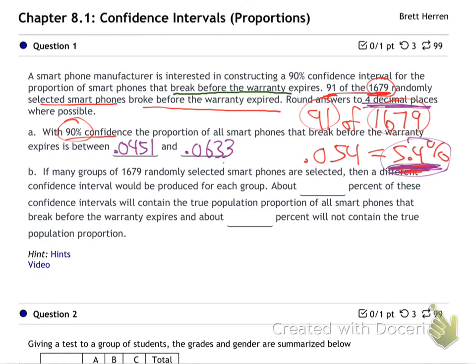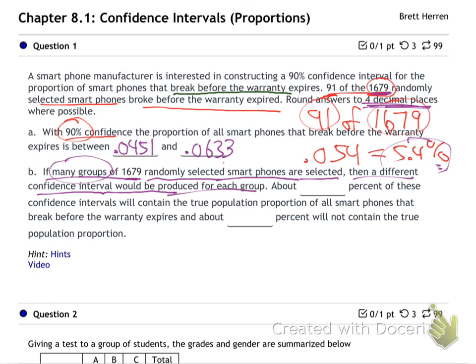If many groups, now they're trying to trick you here, so let me track you carefully on these words. If many groups of 1679, that's the number we did, right? We sampled 1679. Randomly selected smartphones. In other words, if they just keep doing 1679 smartphones and sampling another 1679, many groups of those, then a different confidence interval would be produced for each group.